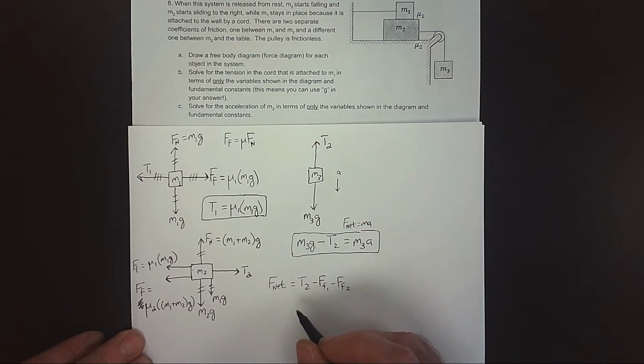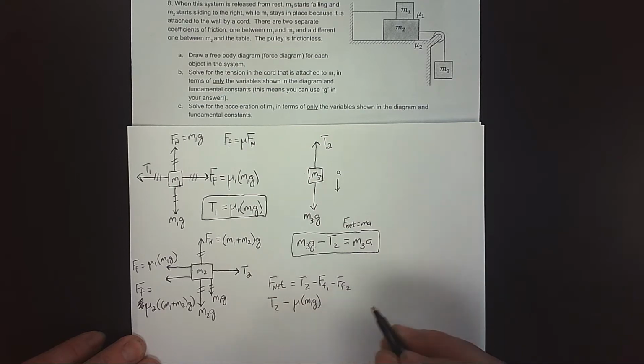And if I slid in all the variables I have, it looks like tension 2 is going to be minus mu1 times m1g minus mu2 times (m1 plus m2)g. I'll just write it like that.